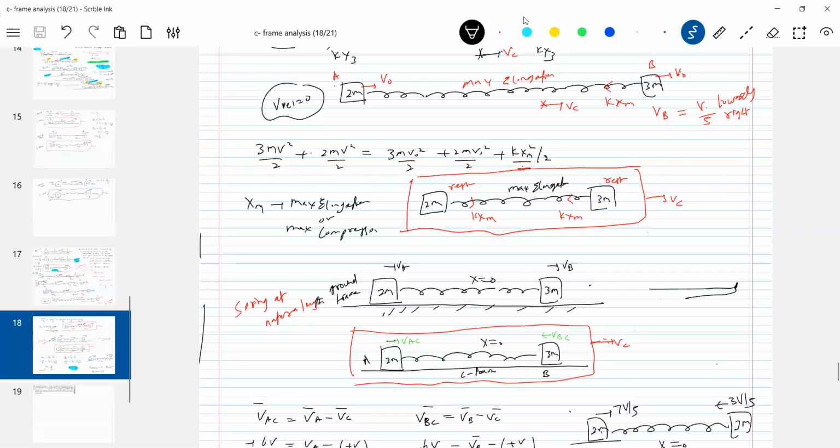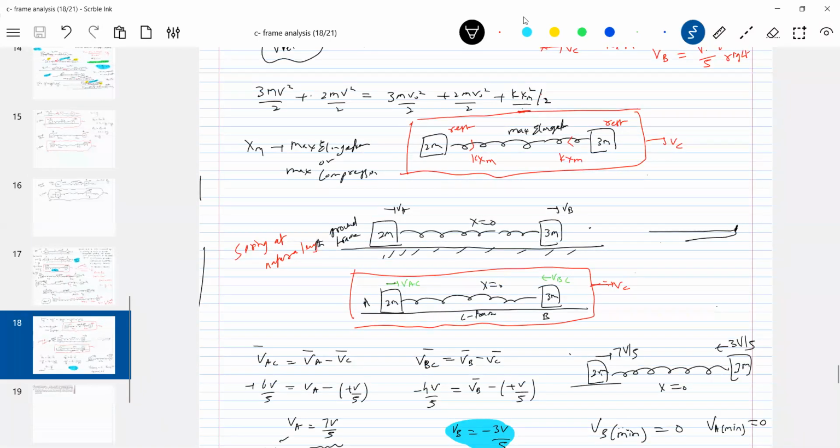So VAC, sir, how you are writing 6V by 5? This is very important. Any reason for that? Sir, why VBC you are writing 4V by 5? At natural length, what was the speed of the blocks? No, again, whenever the spring attains natural length any number of times, the block should have the same speed with respect to the C frame. Are you getting the idea? In the C frame, the sequence will get repeated.